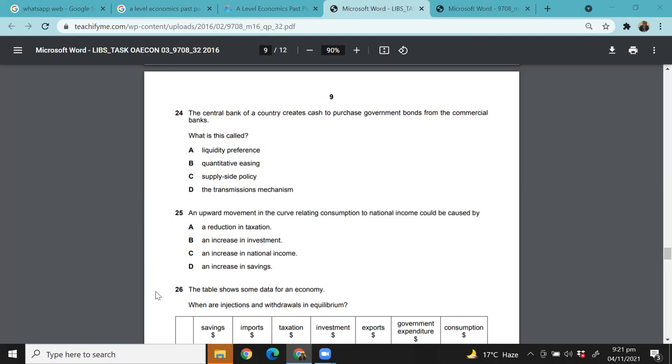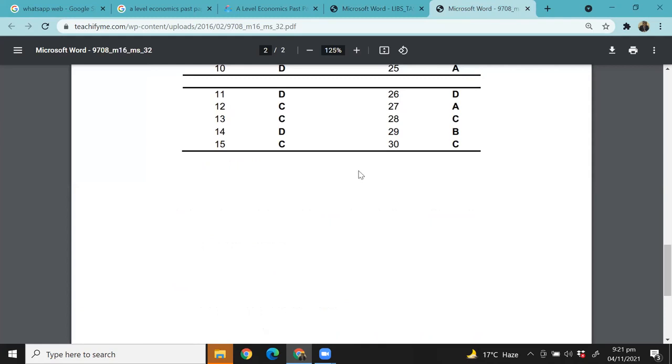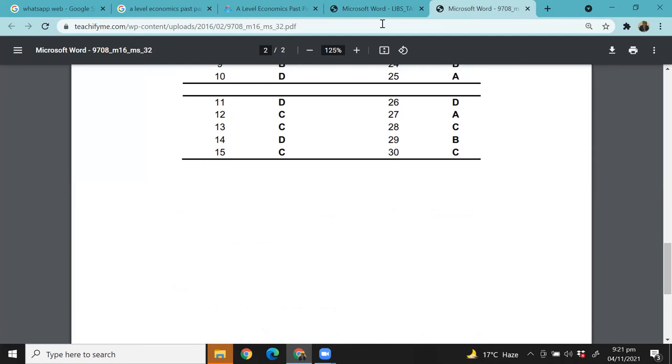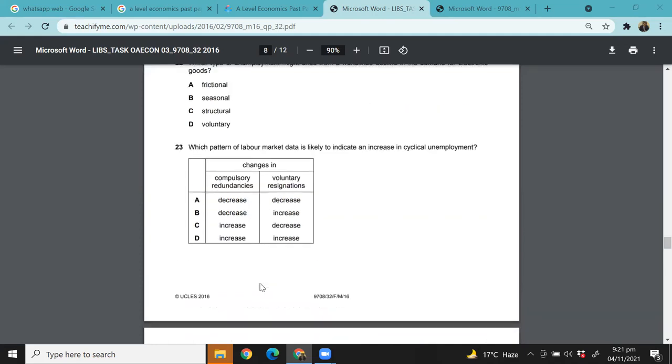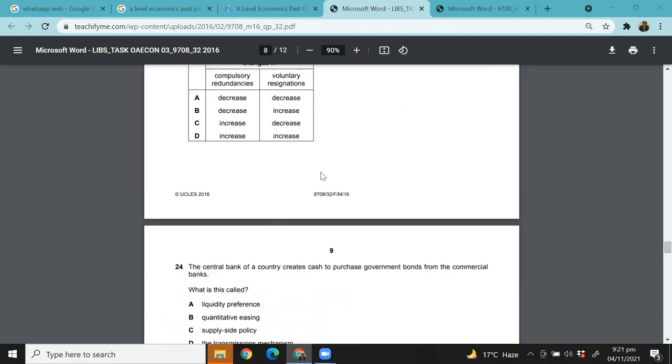Is this clear? Arbab, is it making sense? So when you're purchasing bonds, that is called quantitative easing. We talked about that, and that reduces your interest rates. So read the next question, and I'll be with you.